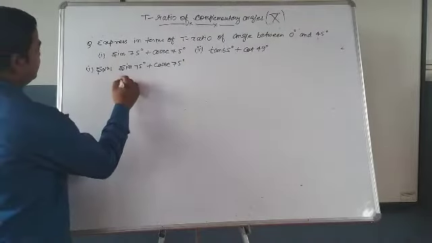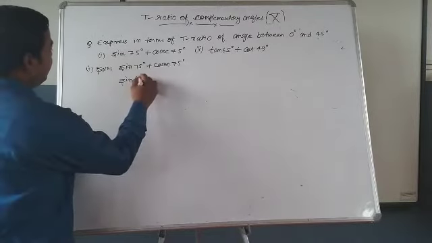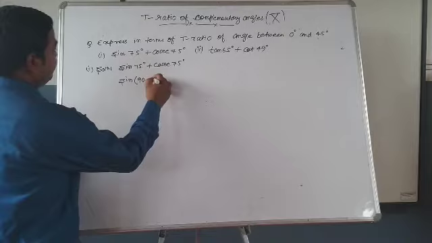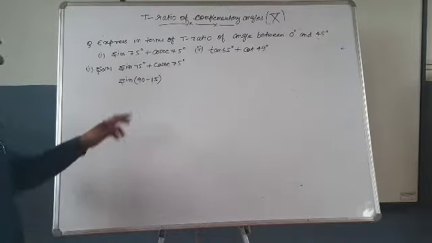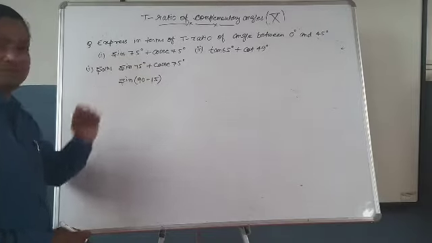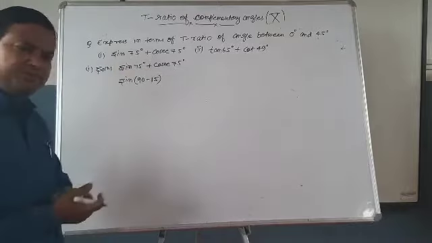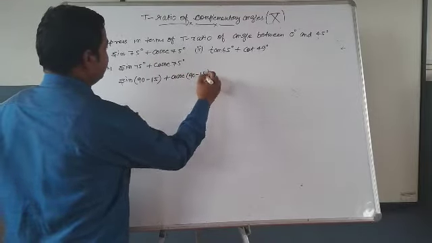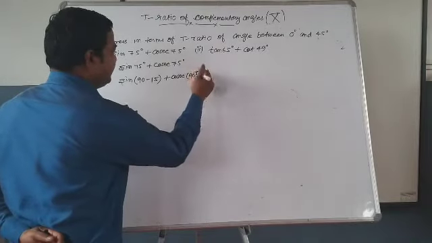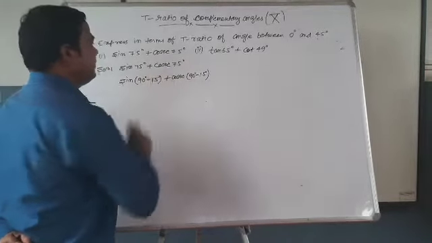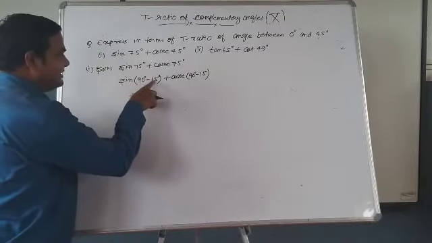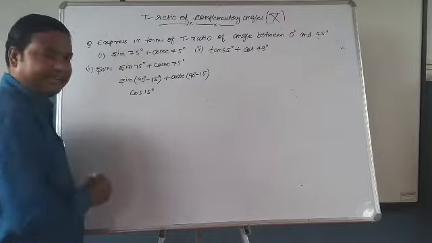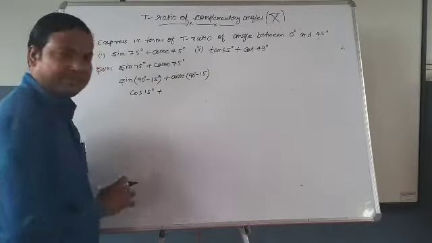We know that 75 equals 90 minus 15, so sin (90 minus 15) plus cosec (90 minus 15 degrees). 90 degrees minus 15 degrees is equal to 75 degrees. Now sin (90 minus theta) equals cos theta, with theta 15 degrees, plus cosec (90 minus theta) equals sec theta.